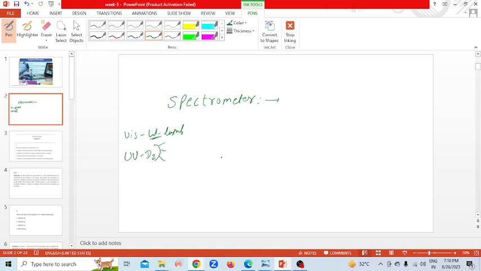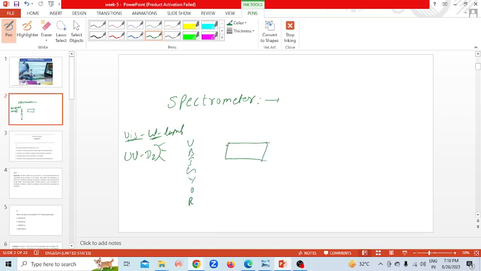Suppose we are using a tungsten lamp, so it will emit all visible rays, white light which contains all colors, but we need light of a particular wavelength.